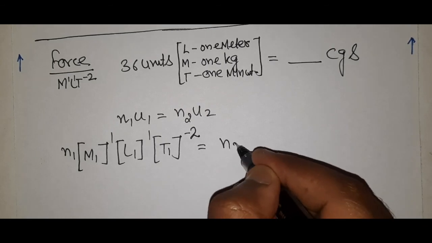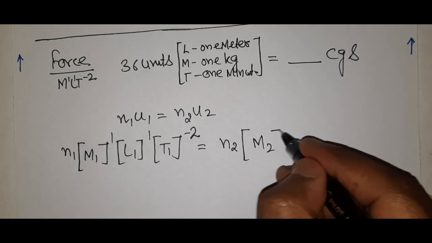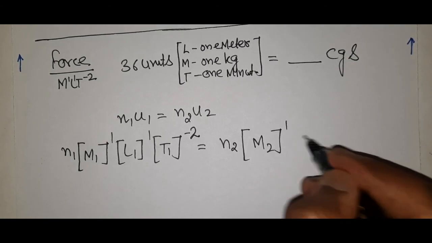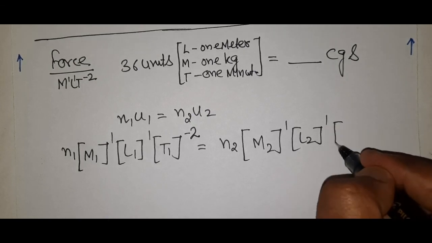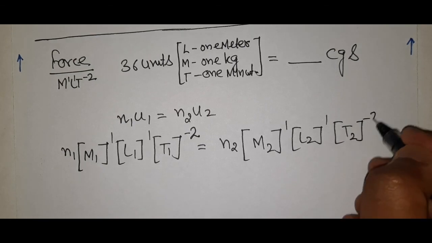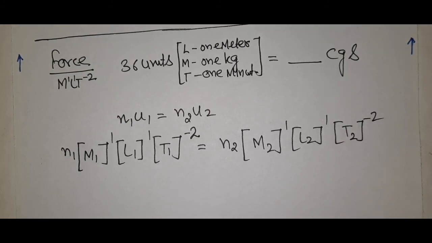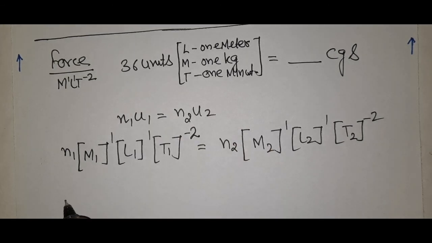Then N2, mass in the second system raised to 1, length in the second system raised to 1, and time in the second system raised to -2. Now placing all the values. N1 is 36 units.